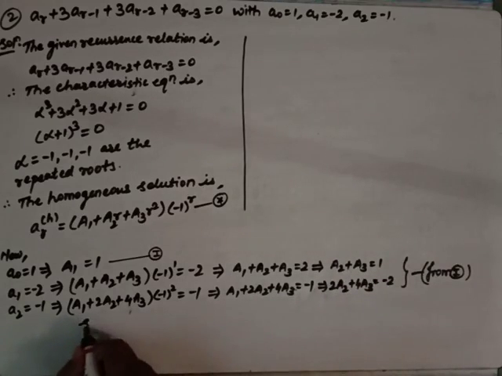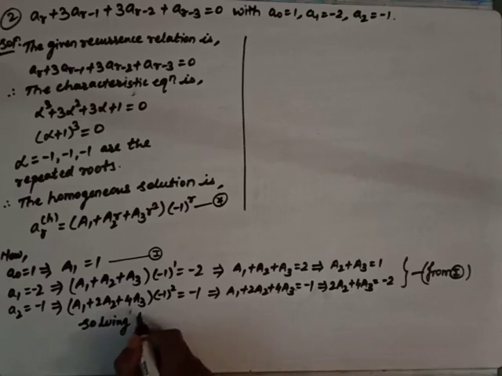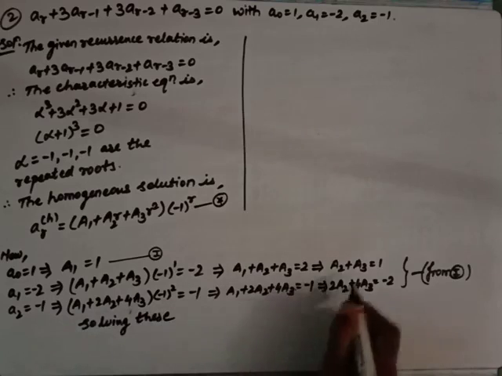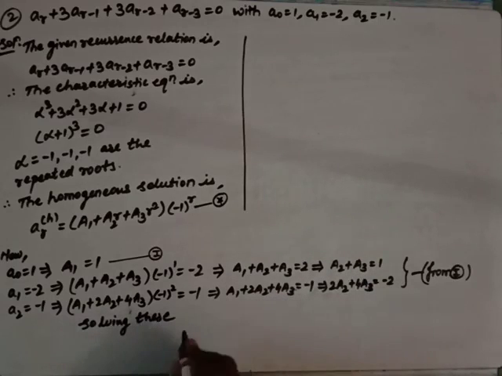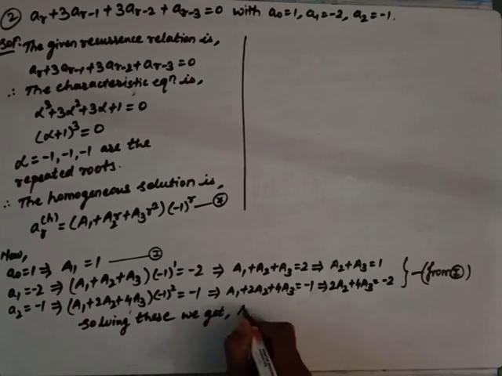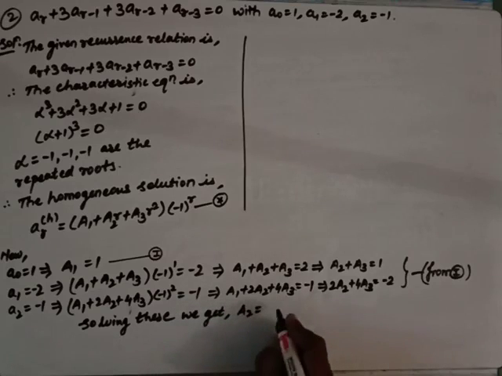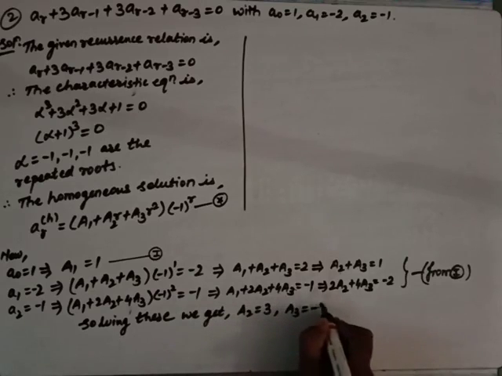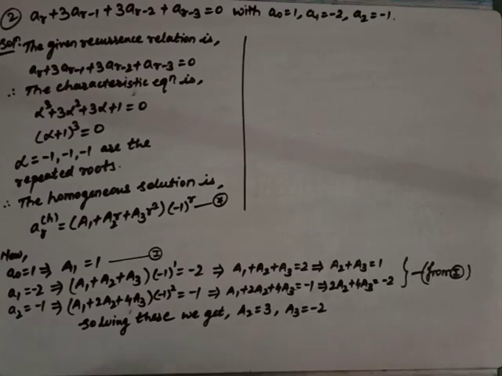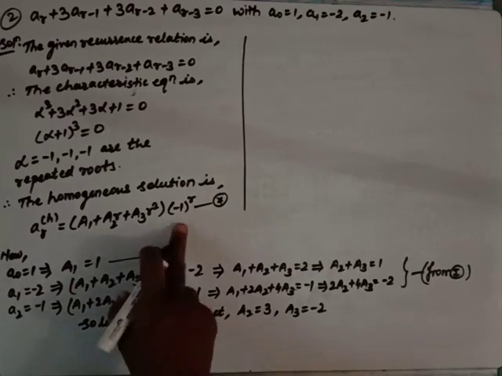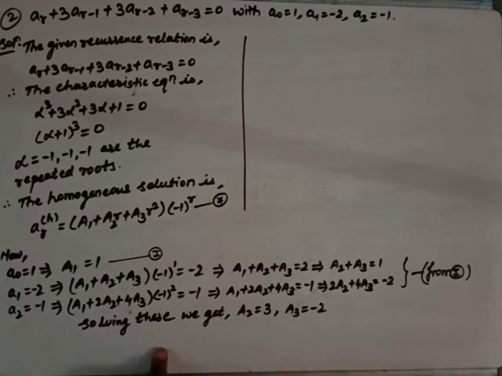Solving these two equations in A2 and A3, we get A2 = 3 and A3 = -2. You can check that by solving simultaneously. Once we get A1, A2 and A3, we put them in star to get the required homogeneous solution.